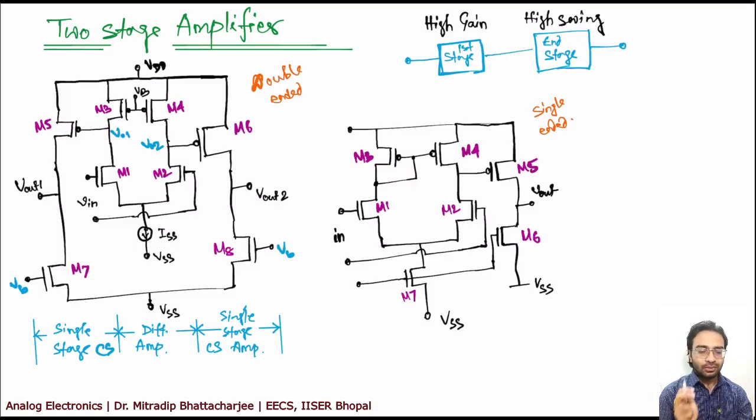So first high gain, and then we use a high swing stage. I have shown here, the first one is a high gain stage, and then you pass it to a high swing stage, which possibly has a little less gain. So in this case we don't consider the buffer circuit.